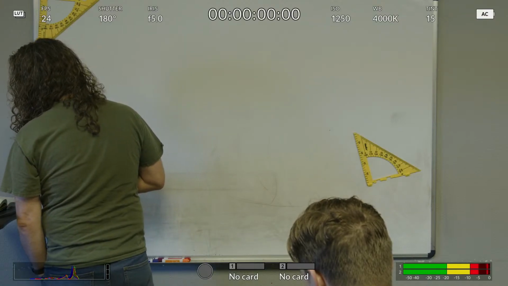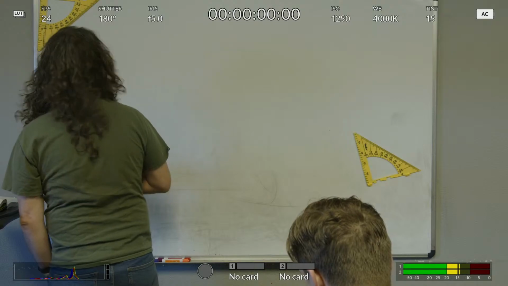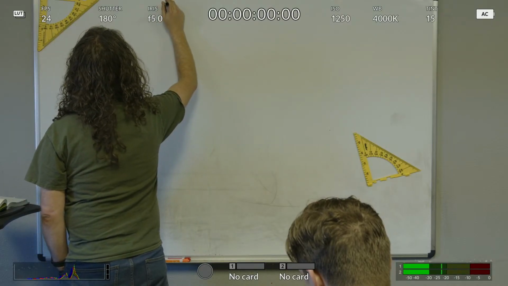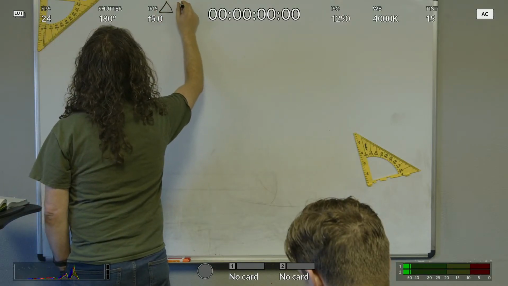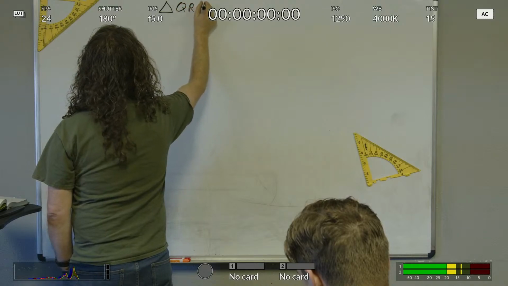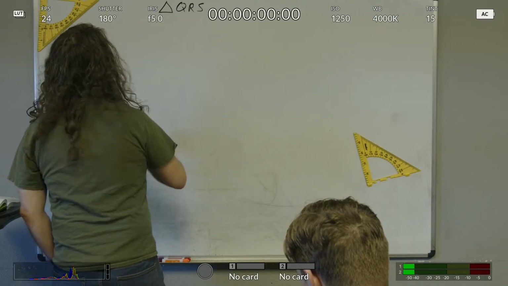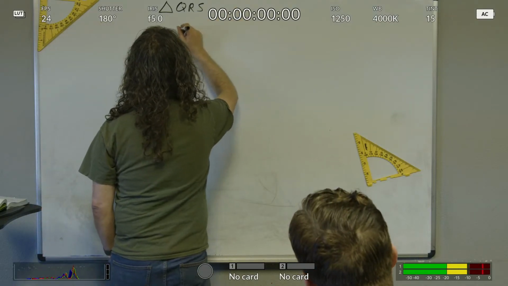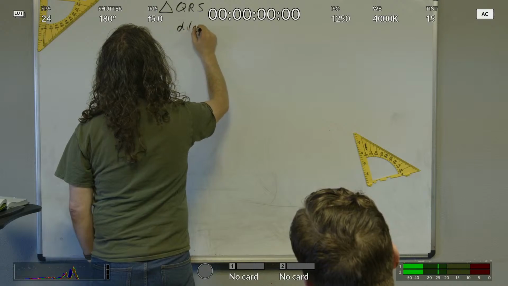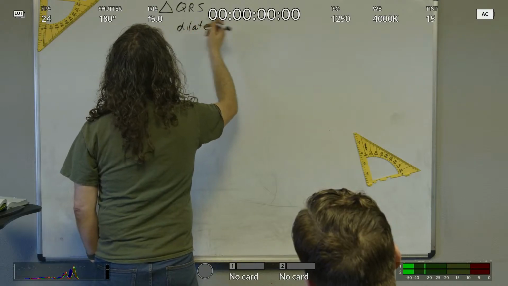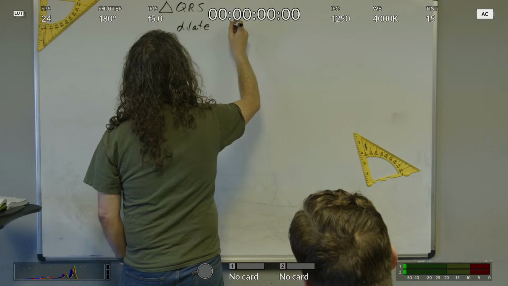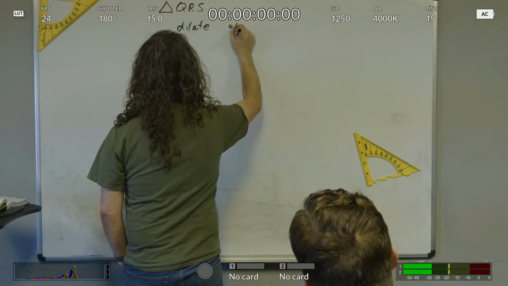Let's dilate the triangle QRS. We are going to dilate it about the origin.